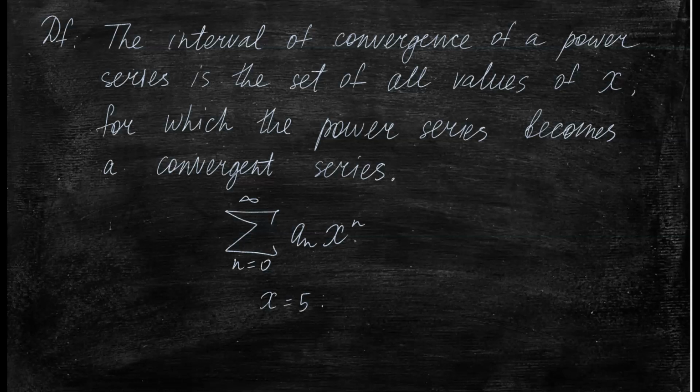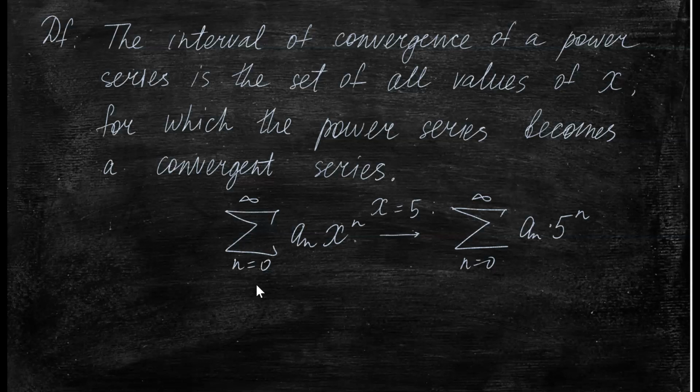Then what's going to happen is that this power series will become nothing but a regular series. And if it converges, that means 5 is in the interval of convergence, and if it doesn't converge, then that means it's not in the interval of convergence.